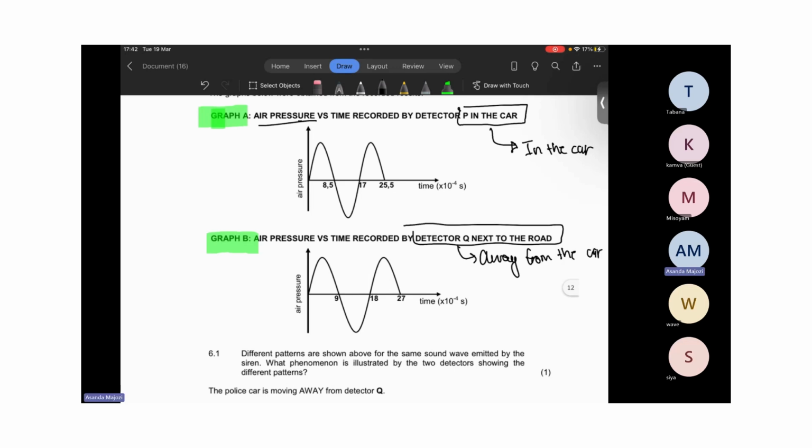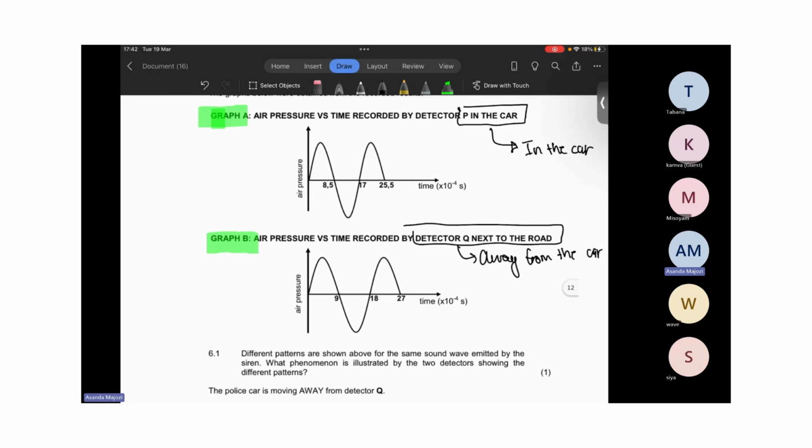Okay, so we've got these two graphs essentially. And what you're basically seeing in these two graphs from your general knowledge is we see two waves, right? So we've got this wave and then we've got that wave over there. And those waves are basically an indication or a drawing of how these sound waves are emitted, and how they're recorded by these detectors.